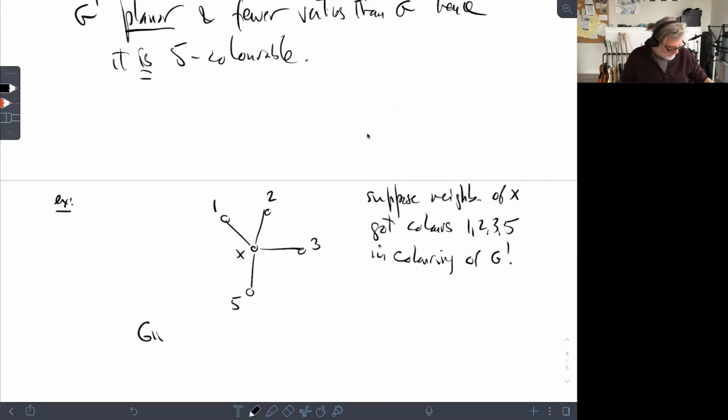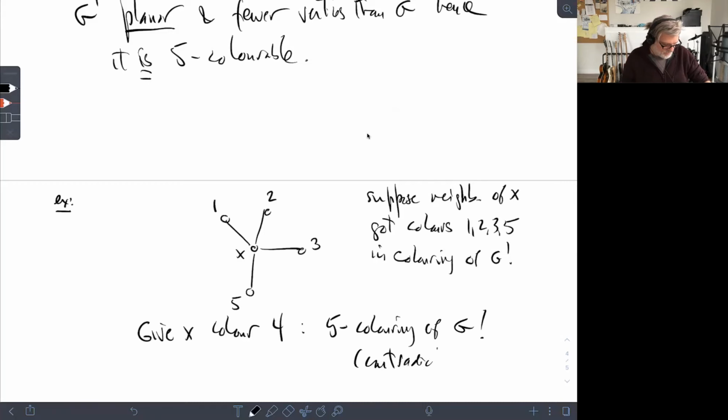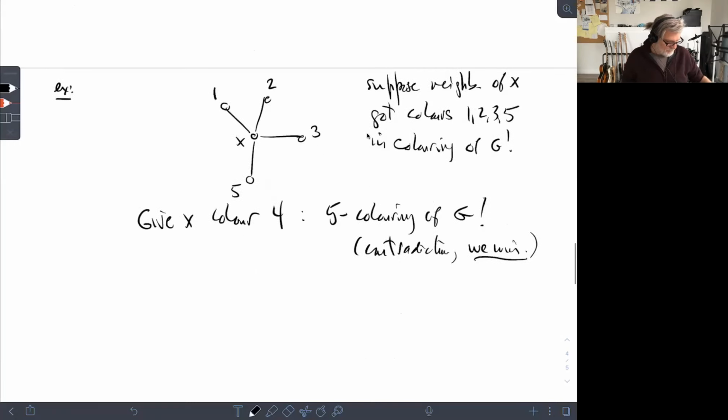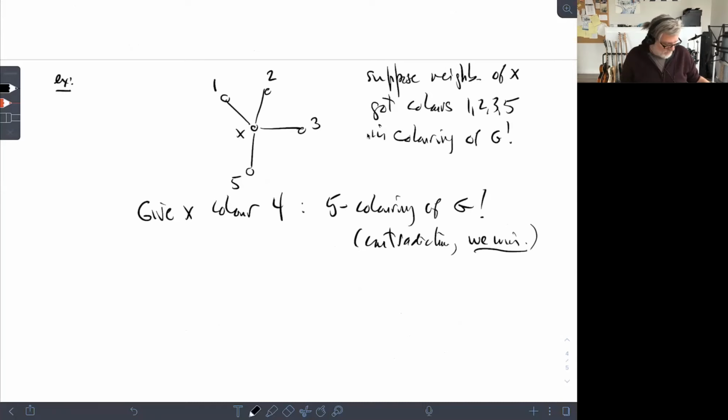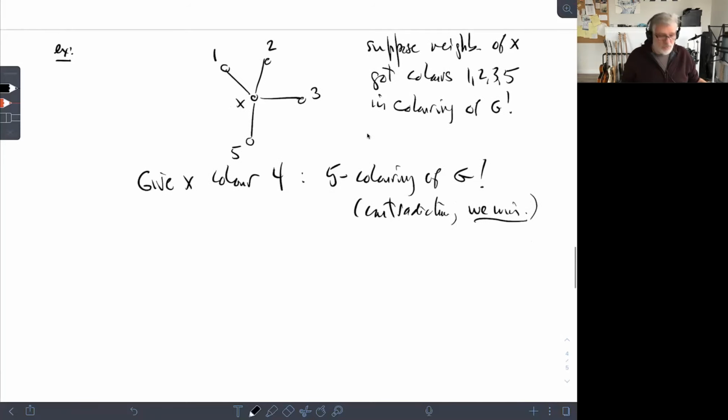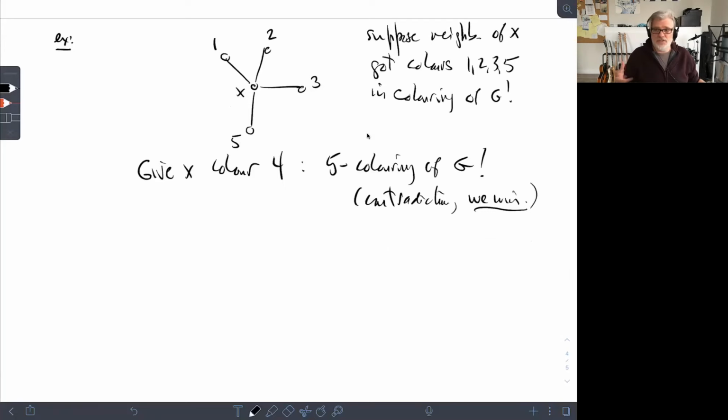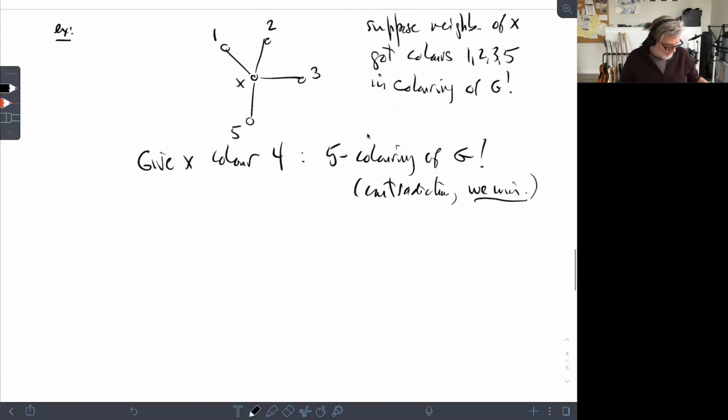So give X color 4 and you get a 5 coloring of G, which is a contradiction, and we win, right? We're not supposed to be able to 5 color G, as it is the smallest counterexample. We're going to show that this presumed object G cannot exist.